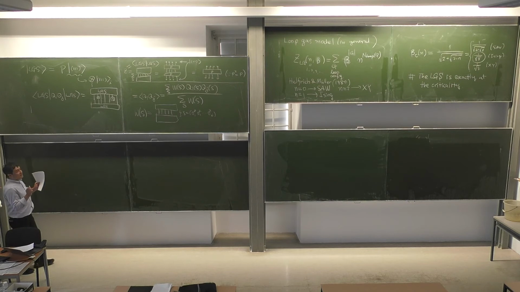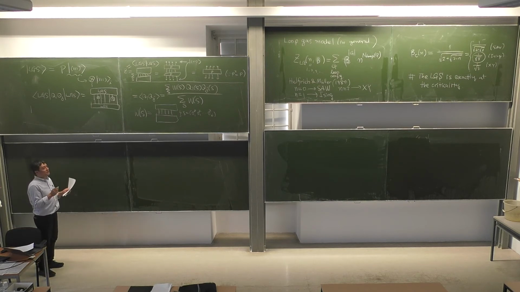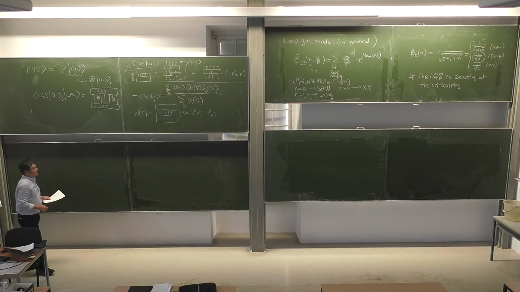Right now, we don't have any tunable parameter. This loop gas state does not have any tunable parameter. We got 1 over square root of 3 without adjusting. So maybe we want to introduce some parameter which might connect this state to the Kitaev spin liquid.